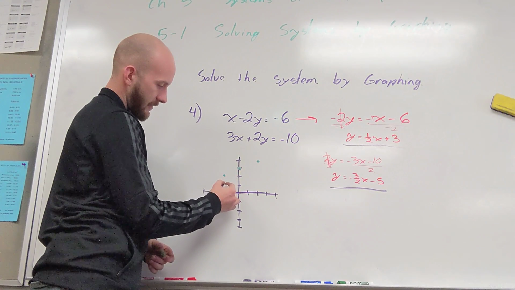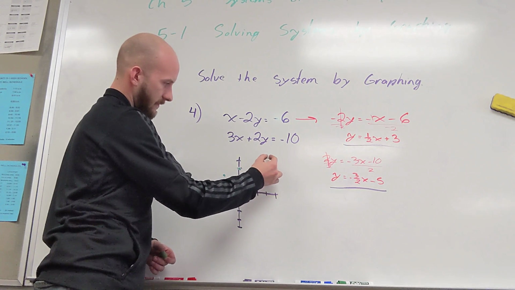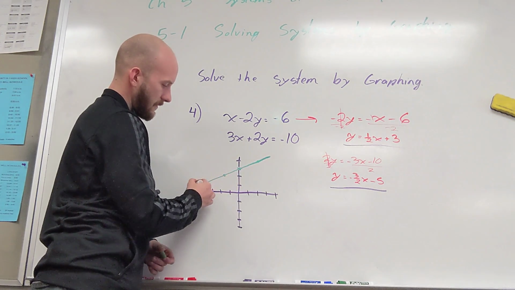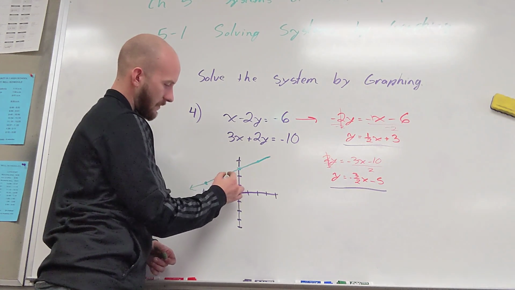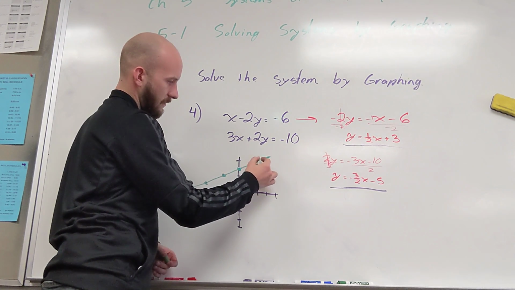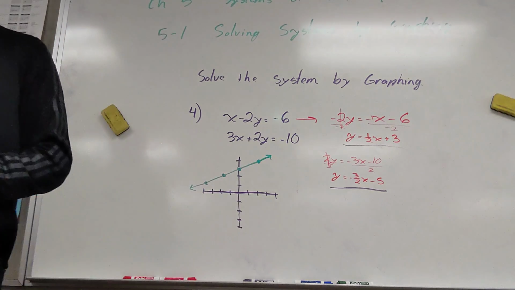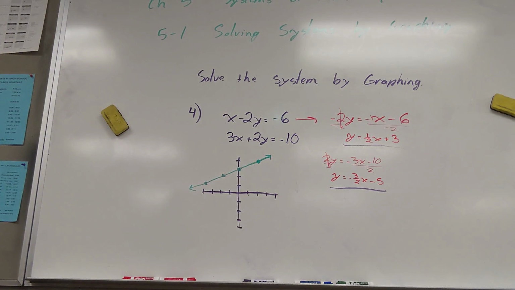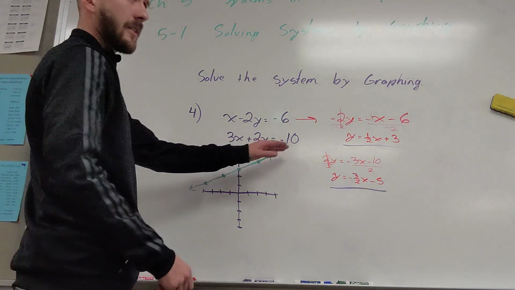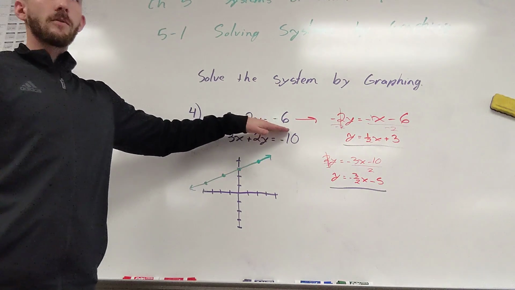And down 1, left 2. Okay. So that line there and all of those ordered pairs would be all of the solutions to this first equation.